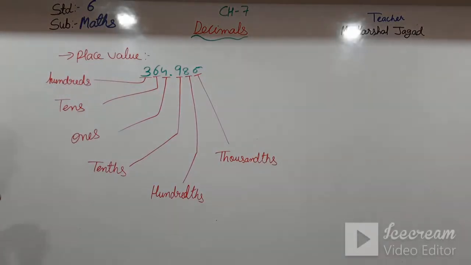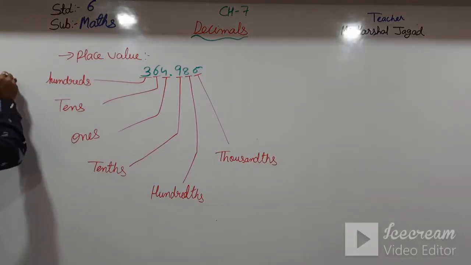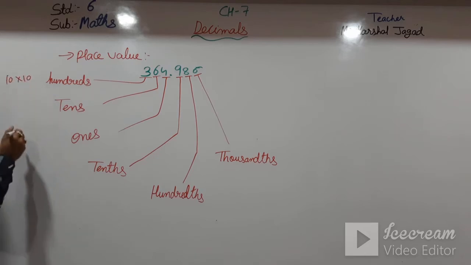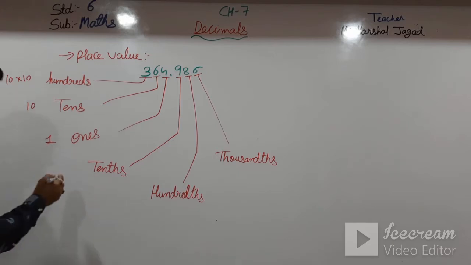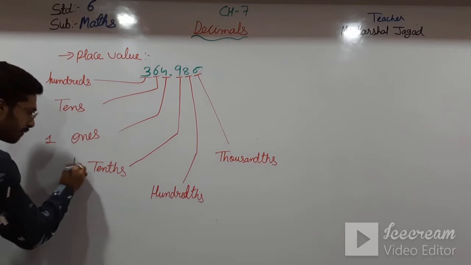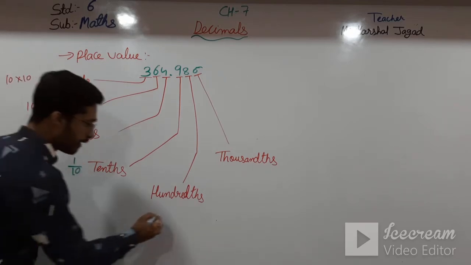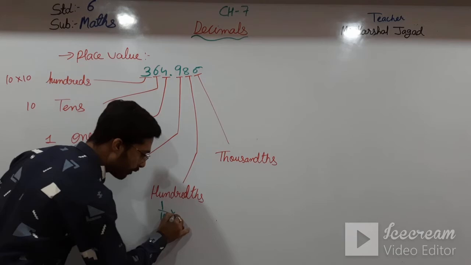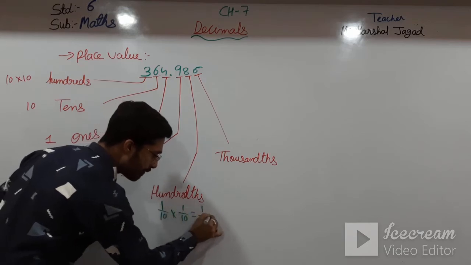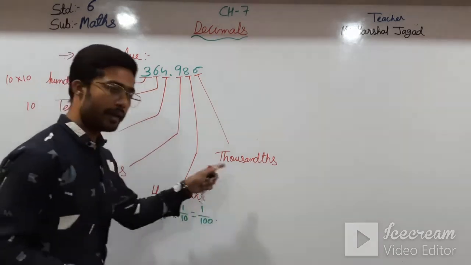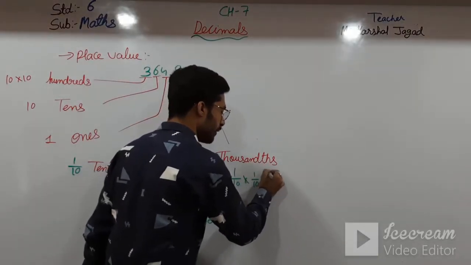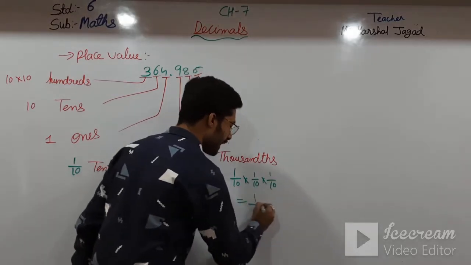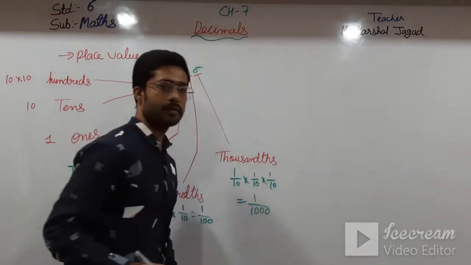And again, hundred means 10 into 10, tens means 10, ones means 1, and tenth means from here it changes, that is 1 by 10. Here 1 by 10 into 1 by 10, that is 1 by 100, and at thousandths 1 by 10 into 1 by 10 into 1 by 10, that is 1 by 1000.